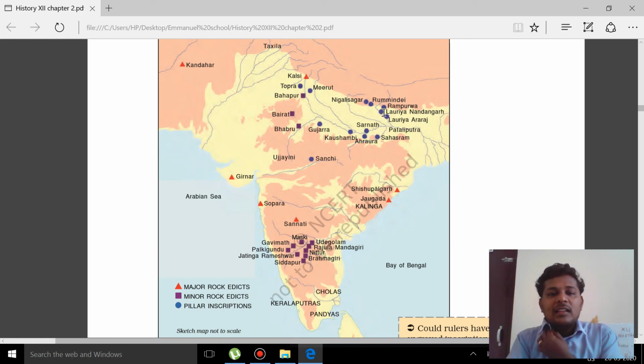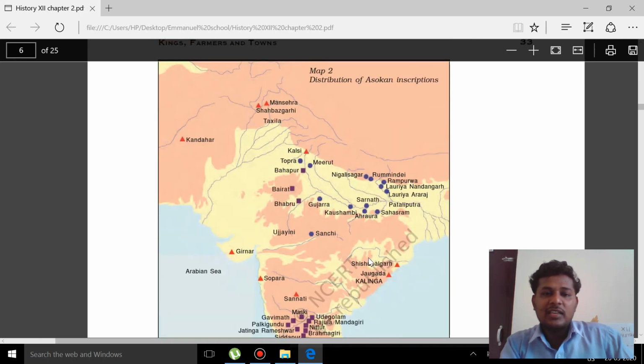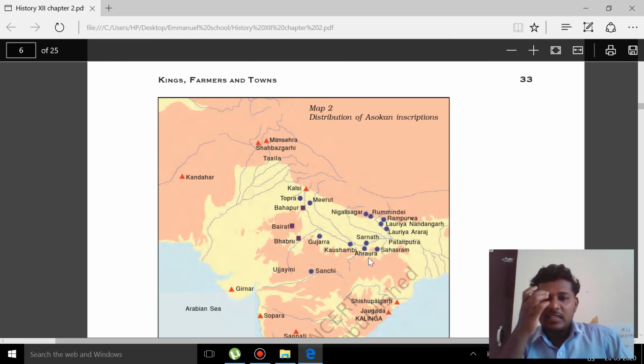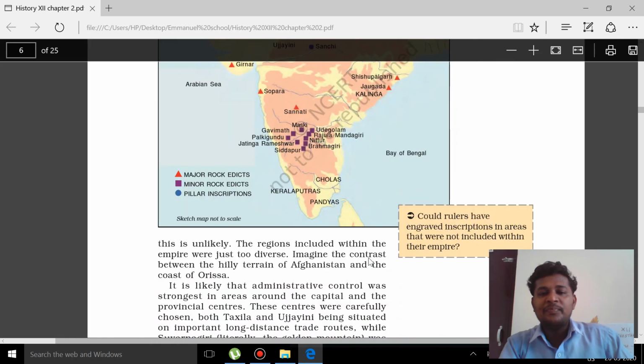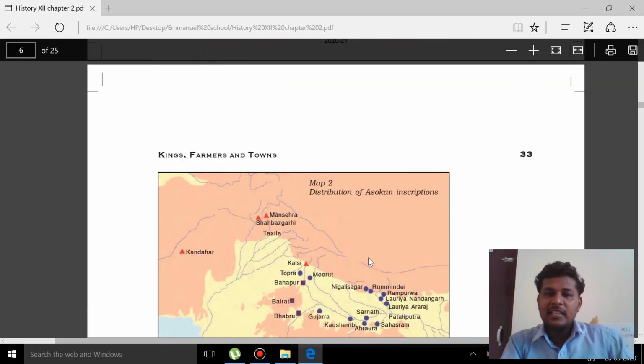All these are places where major rock edicts and pillar inscriptions are found. Major rock edicts, minor rock edicts and pillar inscriptions, according to this, these places are given. Please go through all these places. As I told you, take a political map and mark these places also, so that you may not forget them. Compare with the present day map.